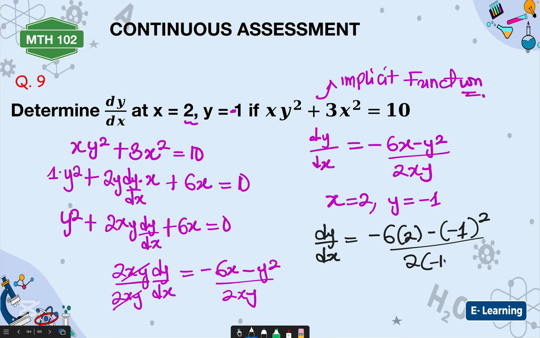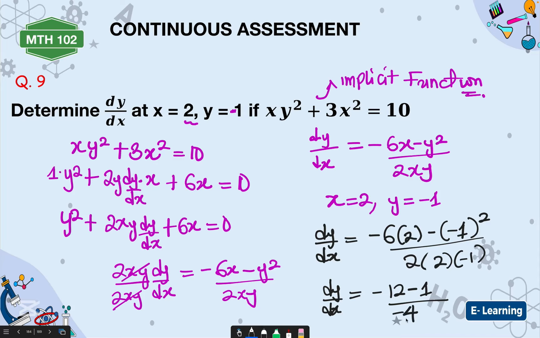Okay, 2 brackets, 2 first, bracket minus 1. So your dy/dx would be 6 times 2 is 12. So this would be minus 12. Minus 1 squared will give us 1. Minus 12 minus 1. This multiplied by this will give us minus 4.